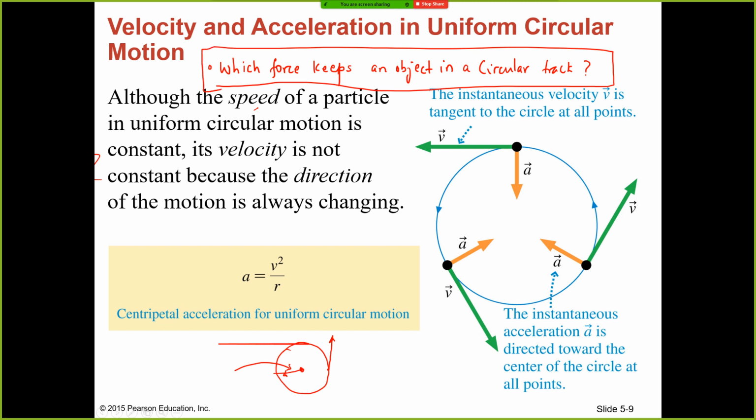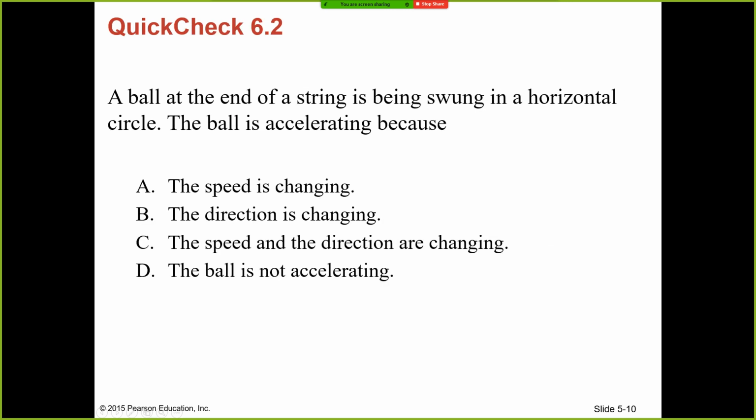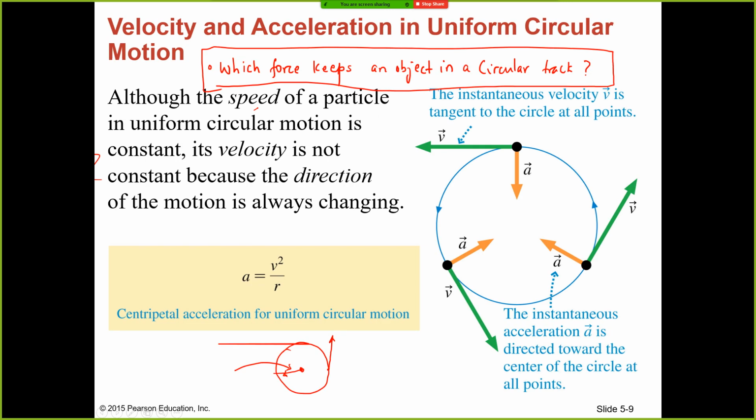And we know that if there is a force that is keeping the object in the circular track, then there must also be acceleration. And we know that the force is pointing to the center of the circular track, right? So the object is moving this way and we are pulling it inside. That's why it's in the circular path.